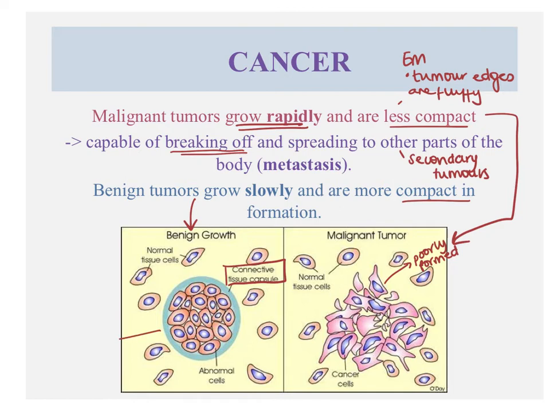So these benign tumours are easily able to be removed. Conversely, these malignant tumours, because of their fluffy edges and the fact they can break off, are quite difficult to be removed, and that's why we end up having to have medical interventions, things like chemotherapies and stuff, to go alongside them.